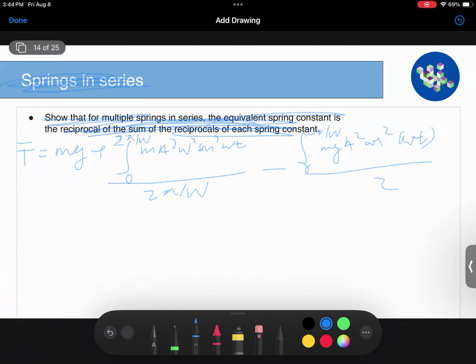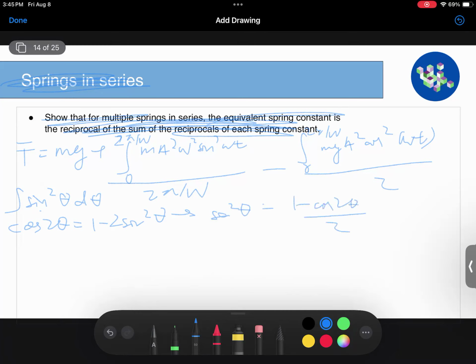So let's try to get this quickly done. We need to look at these two integrals over here. Remember, if you guys don't know, if you're doing the integral of sine squared theta d theta, what we can do is remember that cosine of 2 theta is equal to 1 minus 2 sine squared of theta, which means that sine squared theta is equal to 1 minus cosine 2 theta over 2.